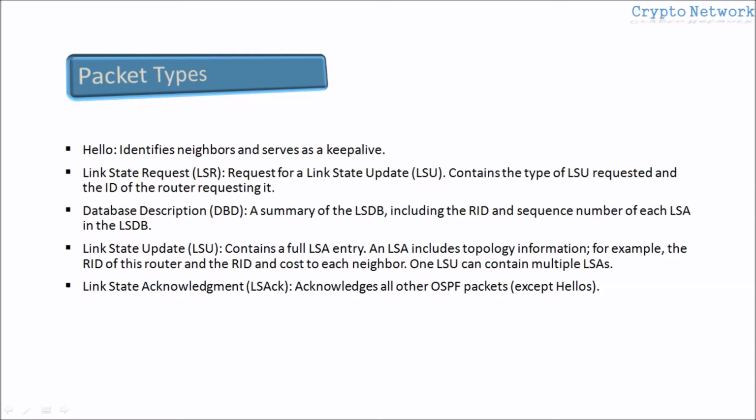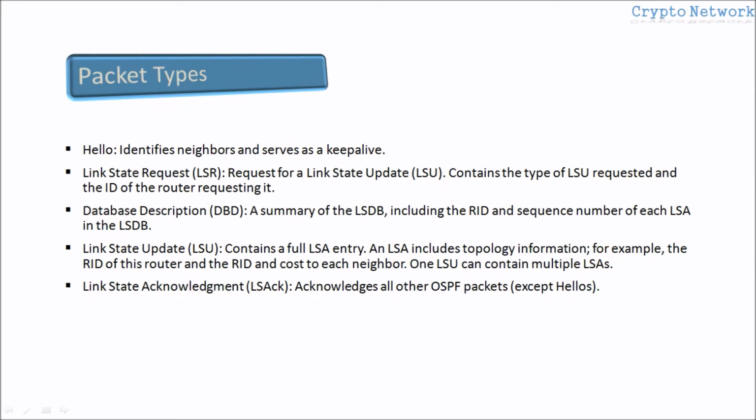Link state request requests specific link state records from an OSPF neighbor. Link state update sends the specific link state records that were requested. This packet is like an envelope with multiple LSAs in it. We have another flavor, link state acknowledgement. OSPF, as we know, is a reliable protocol, so we have a packet to acknowledge the others.